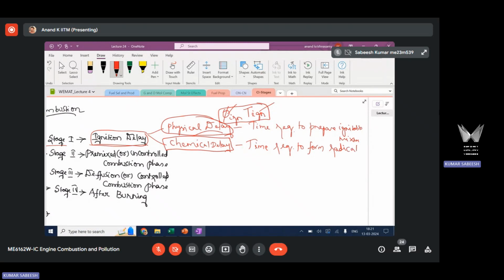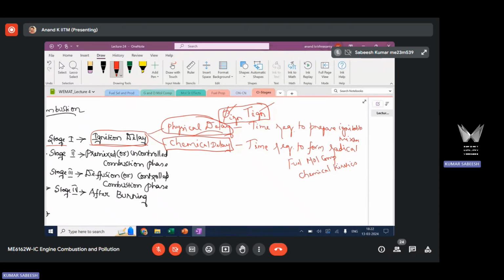The stable molecular structure will be broken down and radicals will start to form. It needs some time for that process. That time is considered here as the chemical delay time. And this is primarily governed by the fuel molecular composition and the chemical kinetics. It's completely a chemical process. That's why it's designated as chemical delay.